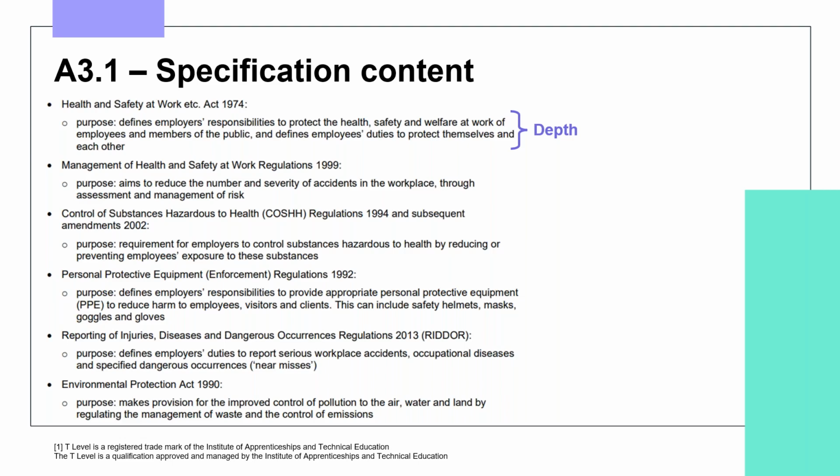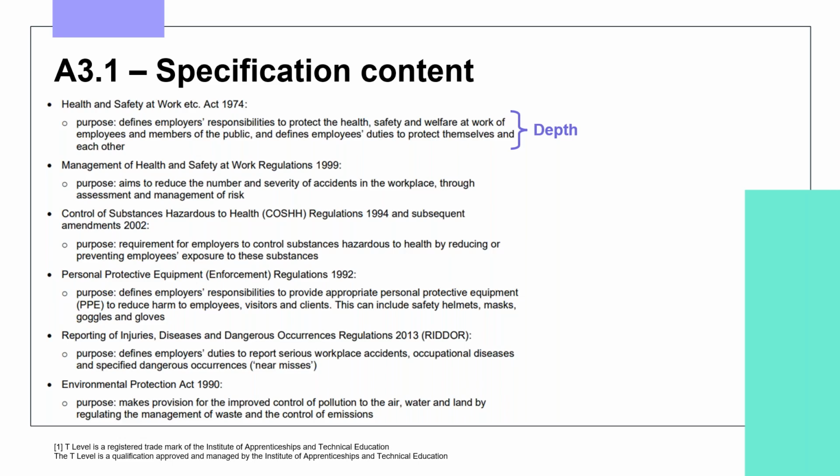So if we take the Health and Safety at Work Act 1974 as an example, students simply need to know that its purpose is defining the employer's responsibilities to protect the health, safety and welfare at work of employees and members of the public, and defines employees' duties to protect themselves and others. They don't need to know the entire white paper, which I'll come on and talk about more when we look at sourcing information about these pieces of regulation and legislation.